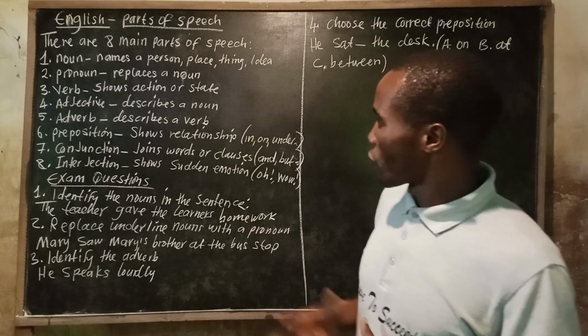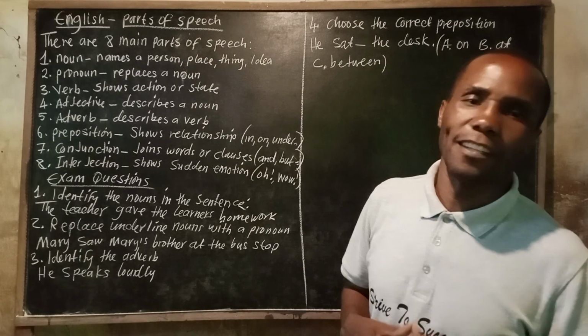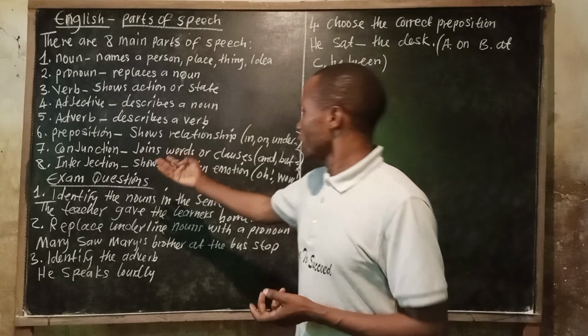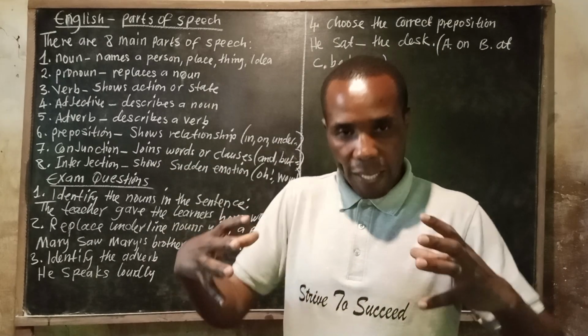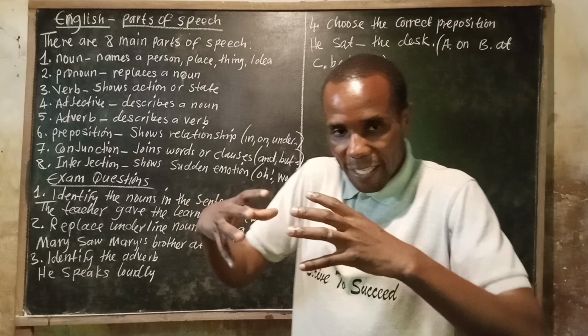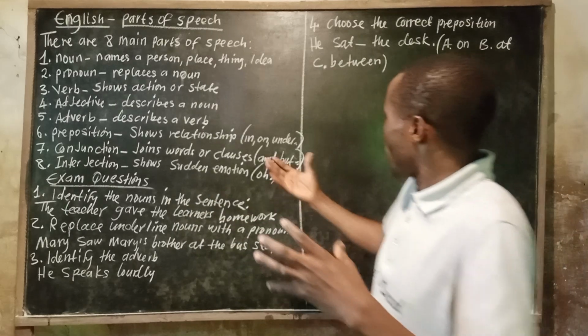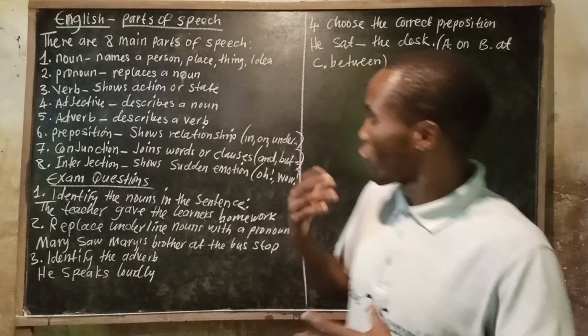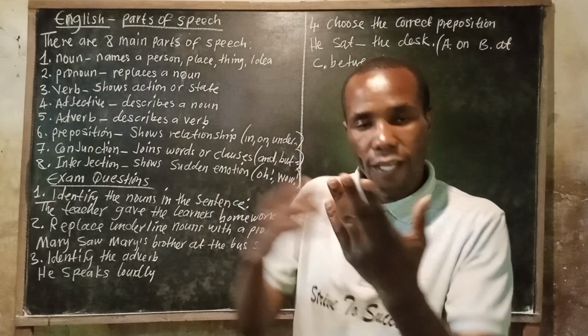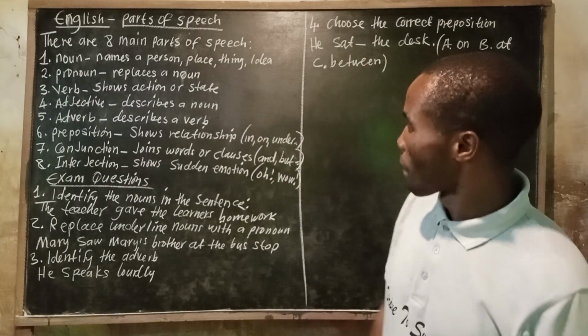So now we can go to the next one, which is conjunction. A conjunction joins words or clauses. For example, and, but. In writing a sentence, there should be conjunctions joining words.